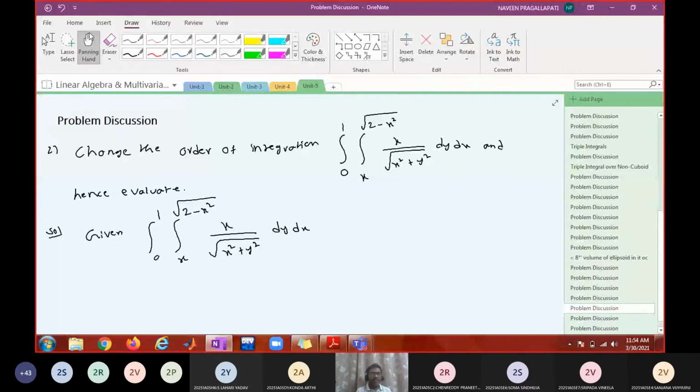Actually, it seems it will be easier to integrate with respect to y, but you're asked to change the order and then evaluate.